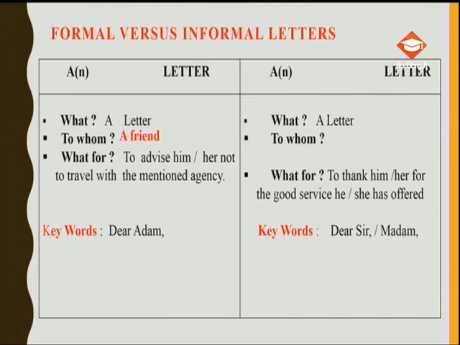For example, these instructions were taken from previous Bac tests, and the students were given the greeting, for example, Dear Adam. So we understand, and even the instructions say write a letter to your friend. Consequently, this is an informal letter. Why am I writing? To advise him or her not to travel with the agency mentioned.